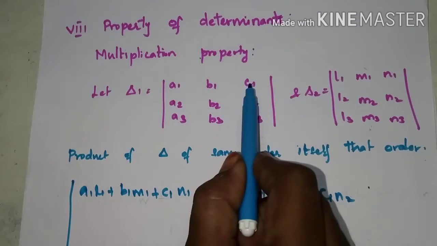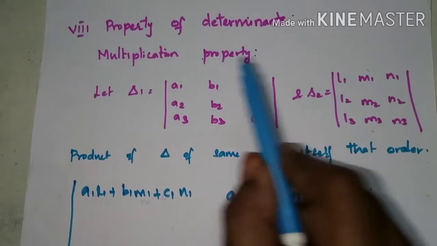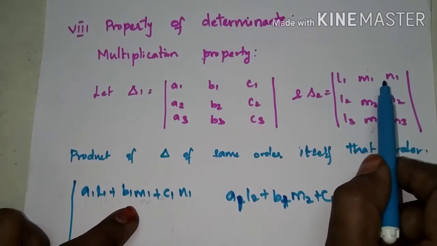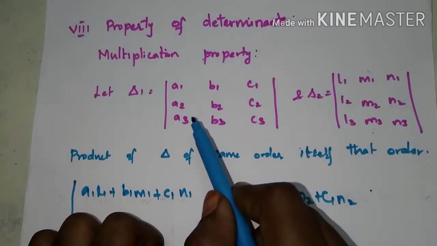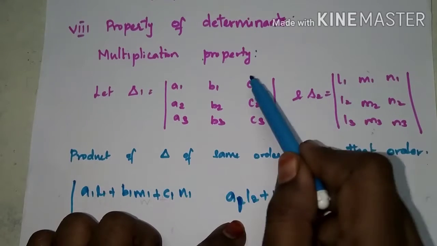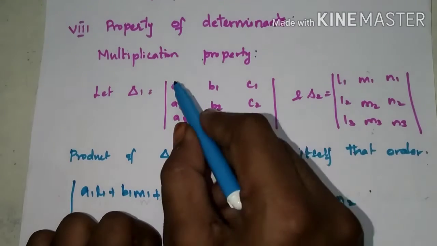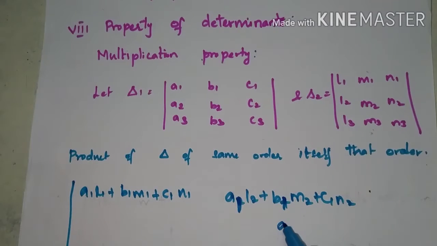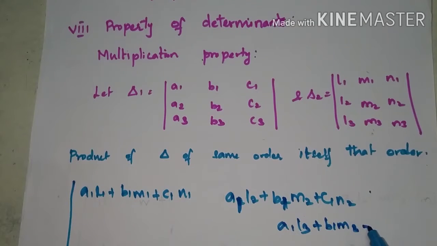The first row of the first determinant is multiplied with the first row of the second determinant as a1 l1 plus b1 m1 plus c1 n1, and then the second element will be formed by a1 l2 plus b1 m2 plus c1 n2, and the third element will be multiplying the first row and the third row as a1 l3 plus b1 m3 plus c1 n3. Okay, the first row is finished.